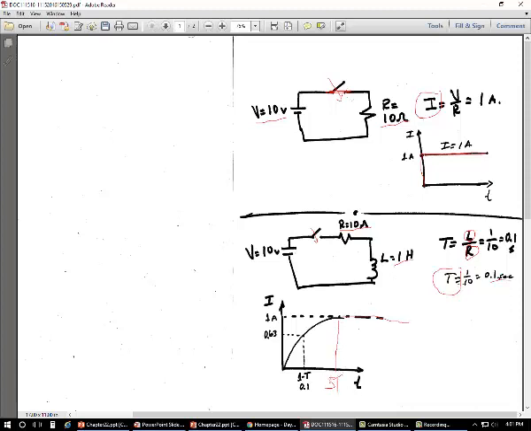Okay, so we're going to calculate the time constant of the circuit by dividing the inductance by the resistance, and that will give you the time constant. And it will take 5 of these time constants for the current to rise all the way up to the steady value that will remain after that. Okay, to behave just like the purely resistive circuit.